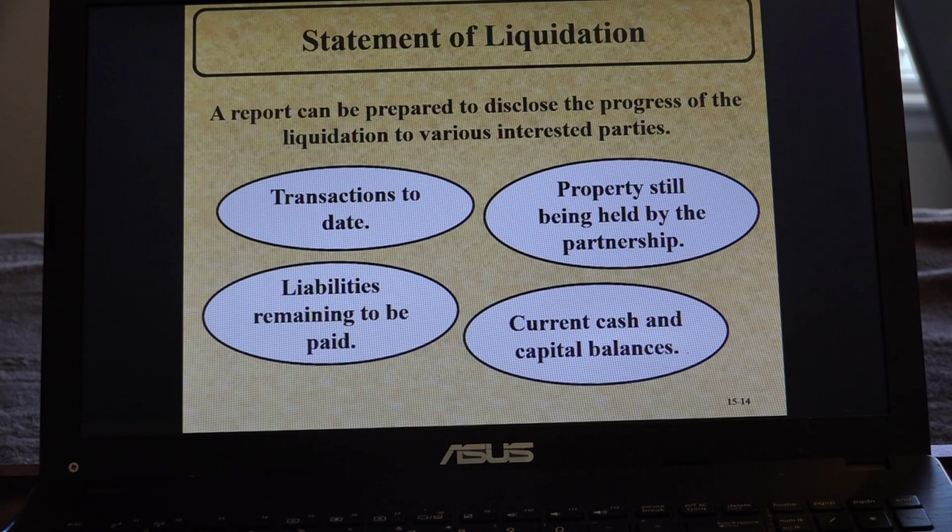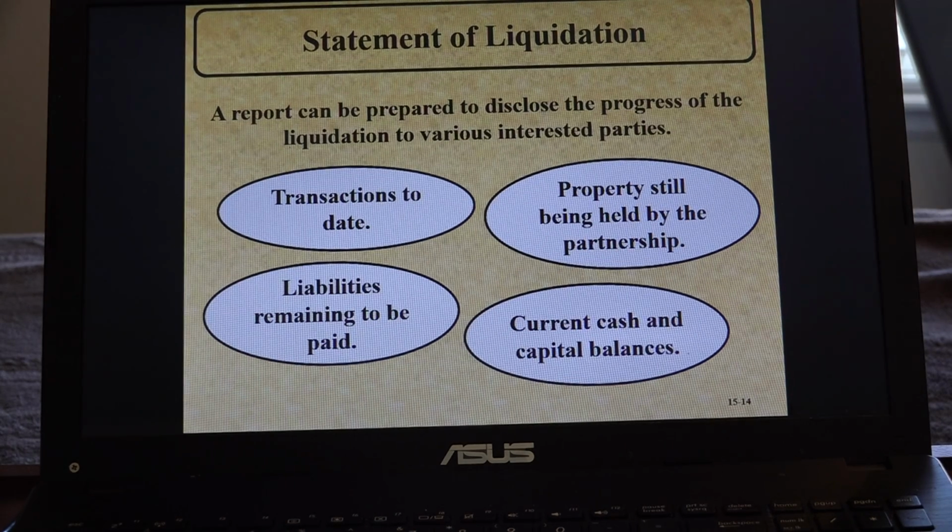And so this statement of partnership liquidation is meant to hopefully placate all parties. And so what it does is it lists the transactions to date, the property that's still held by the partnership, any liabilities remaining to be paid, and the current cash and capital balances.